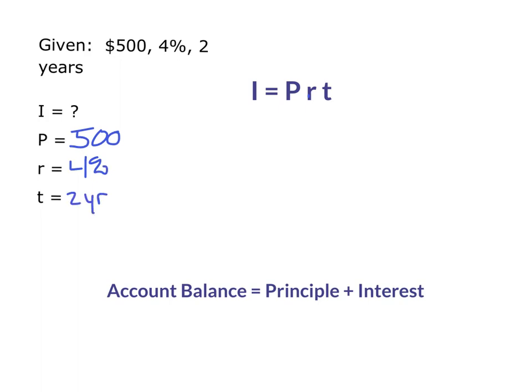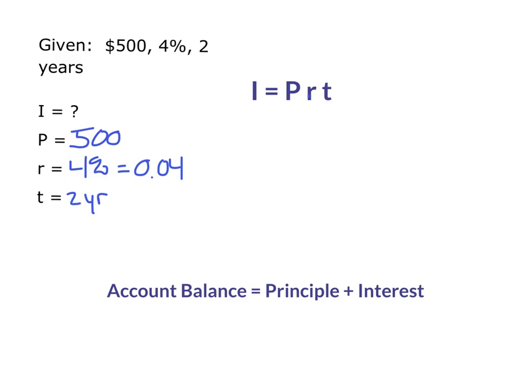So I had said on the previous slide that when we are given a rate, it's in percent, and we need to change this to a decimal. 4% as a decimal would be 0.04. And the other thing I said was that time needed to be in years, which it is, so we don't need to make any conversion.